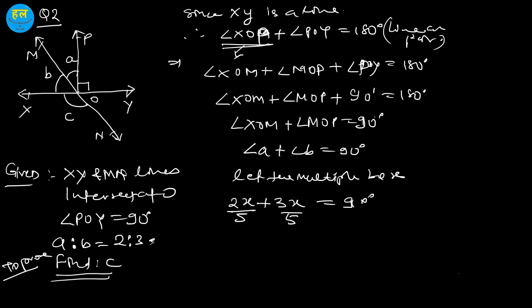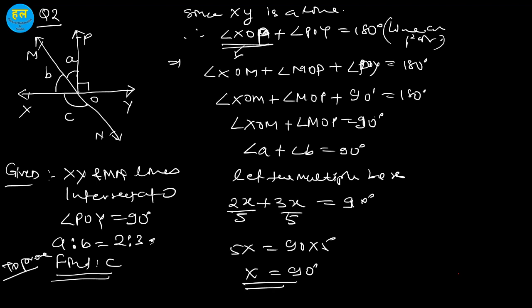Okay, so 5x is equal to 90 and x is equal to 90 degree.